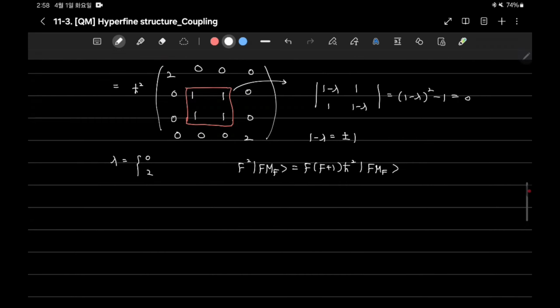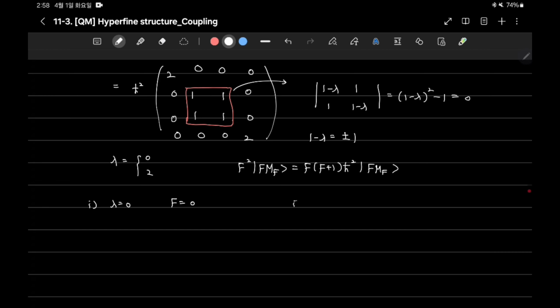So, in the first case, the lambda equal to 0 case, f equal to 0.